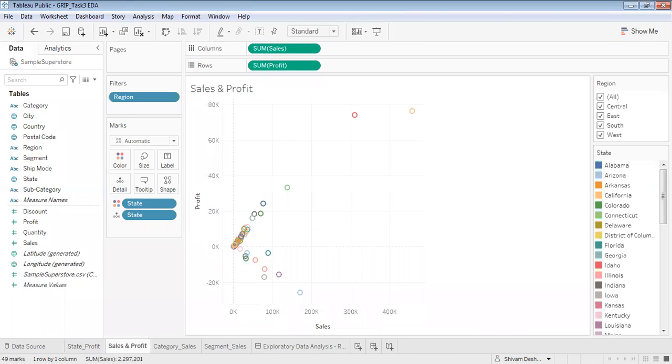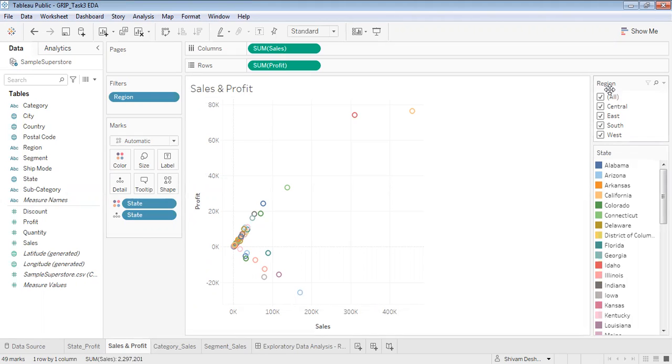The second visualization is sales and profit. This is the chart that contains different states, and this is profit versus sales. On the x-axis there's sales, and on the y-axis there's profit. The different states have been given, a color scheme is used for the different states, and a region filter has been used.